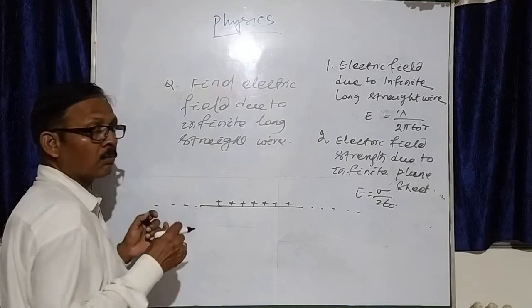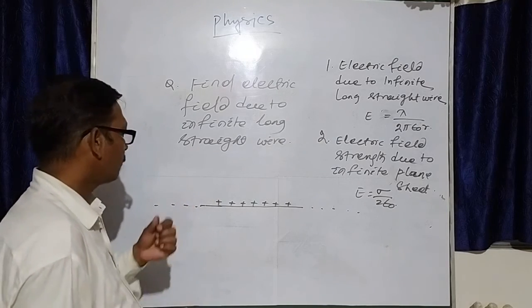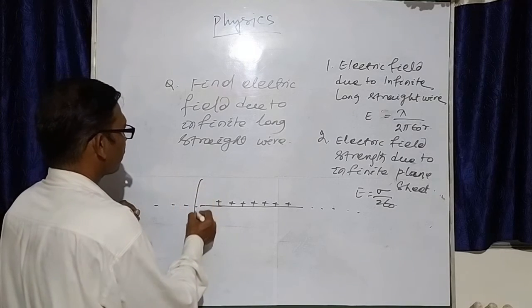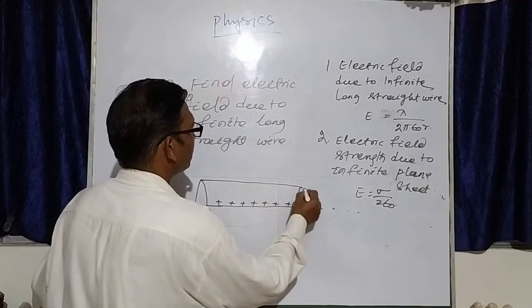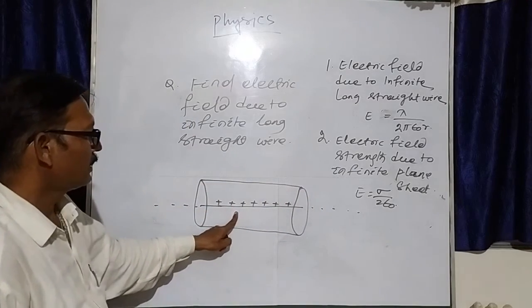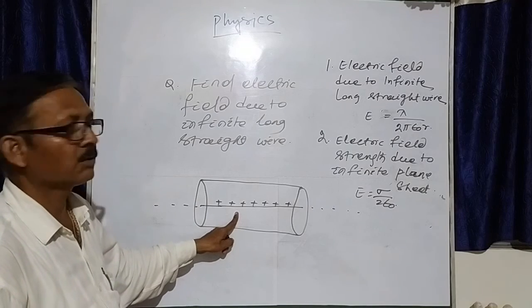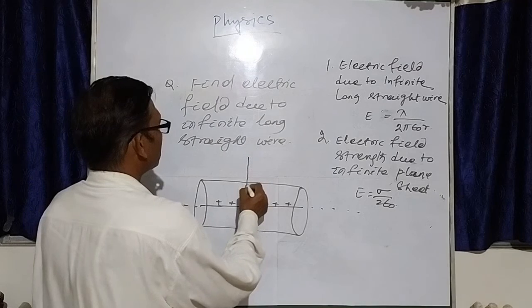To find the formula or expression for the electric field, you consider first a cylindrical shape. This is called your cylinder, and the line lies in the axis of the cylinder.